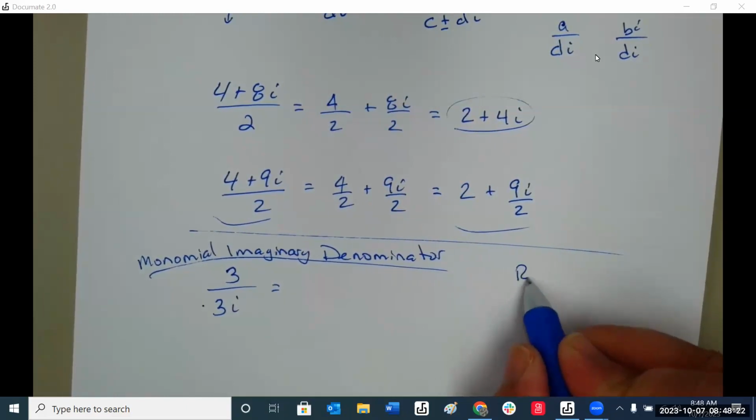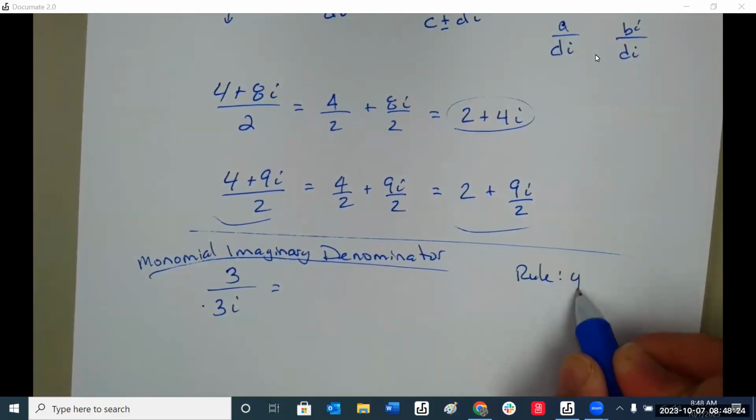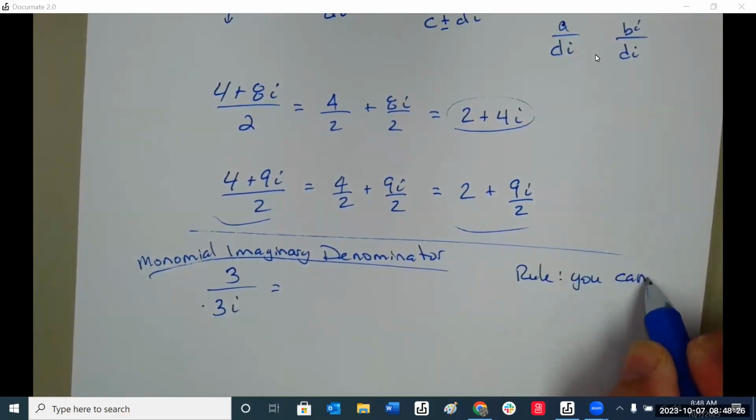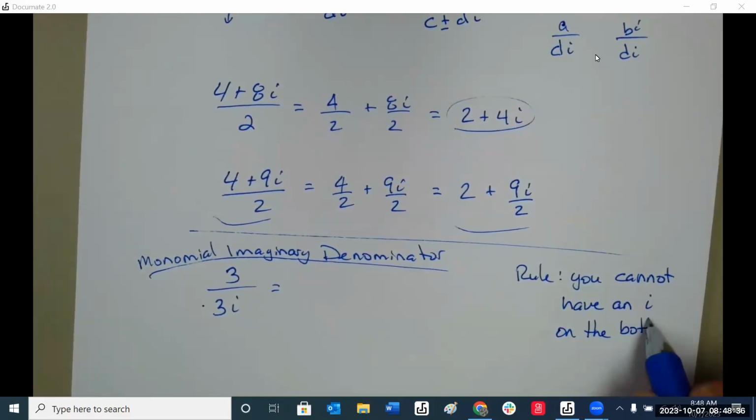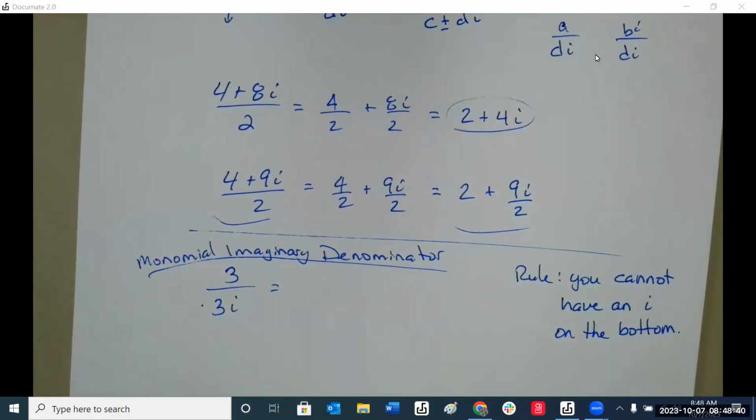The rule is this. You cannot have an I on the bottom. If you have an I on the bottom, it's a monomial.